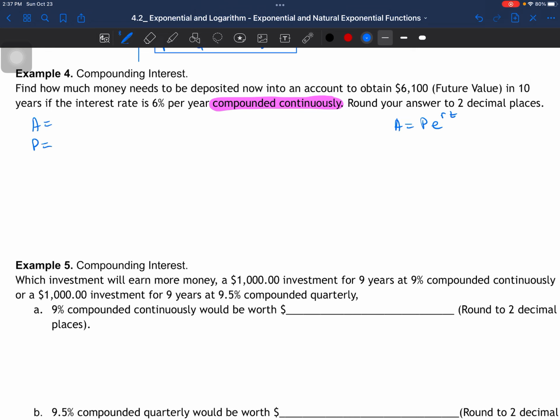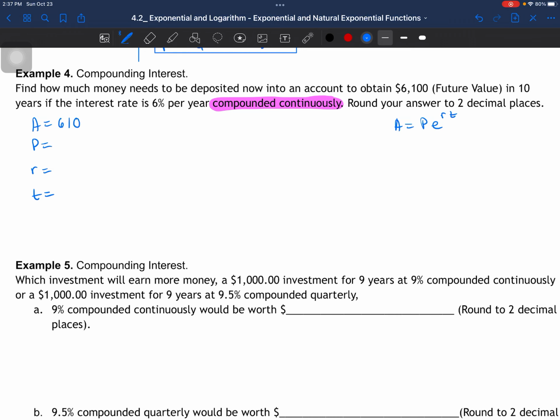Since it's compounded continuously, we know that we're gonna be using this formula. So obviously we need to know what is A, what is P, what is R, and what is T, right? A is always the future value, and in fact, that's why we are dealing with this problem, because they're asking us how much do we need right now to deposit.